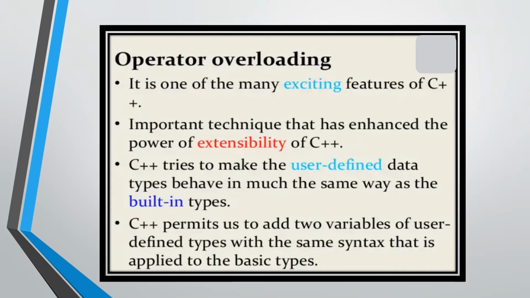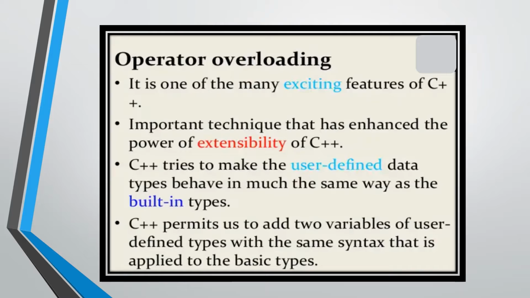C++ tries to make user-defined data types behave in much the same way as built-in types. So this is a very clear concept about operator overloading that we are going to discuss. We know there are different data types in C++, that is user-defined and built-in data types.